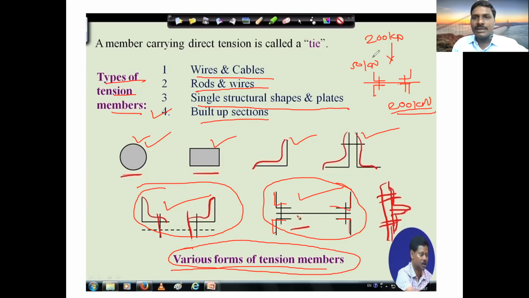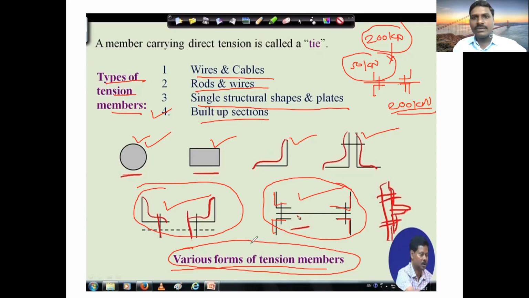Are you getting? If one angle can carry 50 kilonewton load, then if we provide 4 angles like this, these four angles can carry 200 kilonewton load. Each 50, so if we combine four, then 200 kilonewton we can carry. So like this, built up angle sections or built up sections we can use as a tension member.